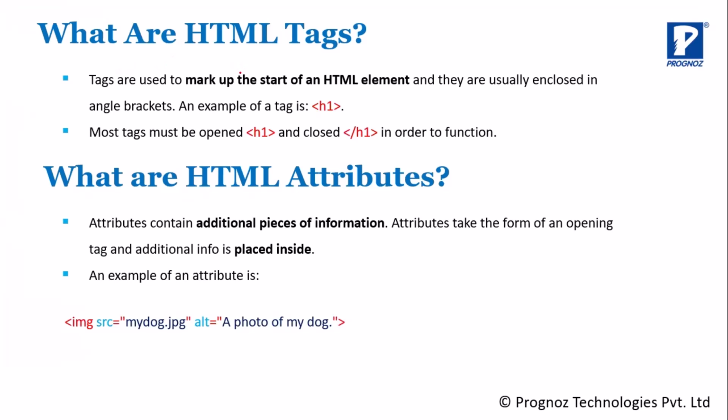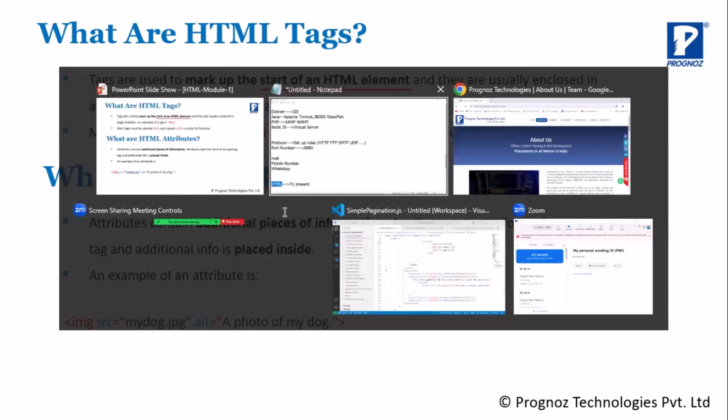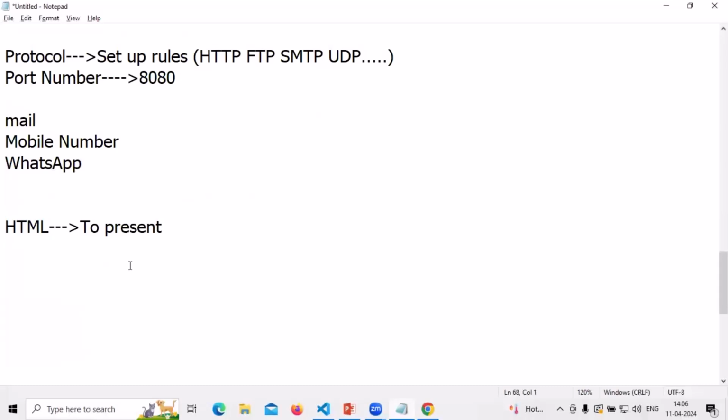Next, what are HTML tags? Tags are used to start a particular HTML element, and they should always be written with angular brackets. A tag should always be written with angular brackets open as well as close. With the angular brackets, we need to open the tag as well as close the tag. This is an opening tag, and this is called a closing tag.